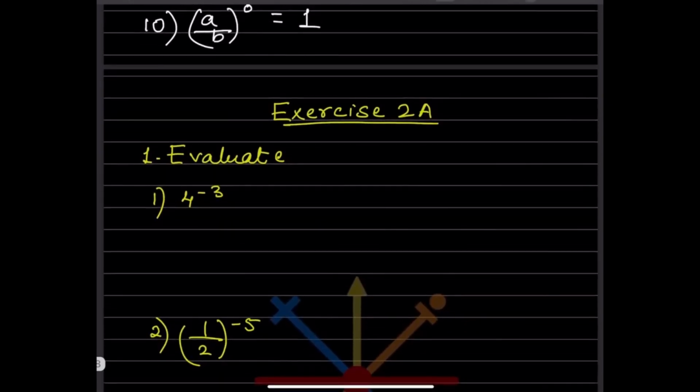So now we are going to solve this one. They have said evaluate 4 raised to minus 3. So now what you are going to do, whenever there is a negative exponent, we are going to make it positive. So this is going to be 1 by 4 raised to 3. So I'll change the color for this one.